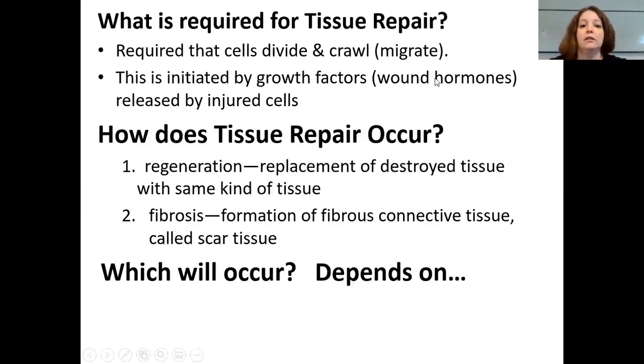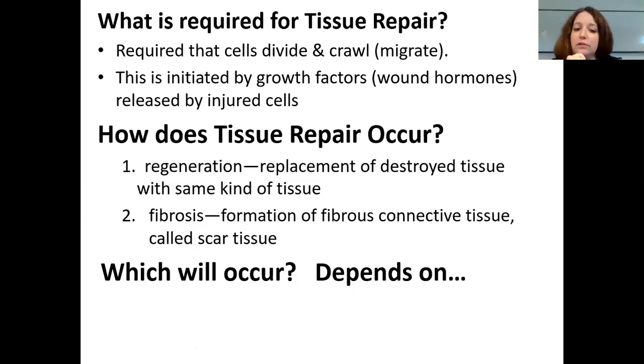Tissue repair, cells need to divide and crawl to the site of injury. And this is done by, whenever you have an injury, you have things called cytotoxins released immediately into the surroundings, and they're also referred to as cytokines. And this causes chemotaxis of specific body cells to come to that area.